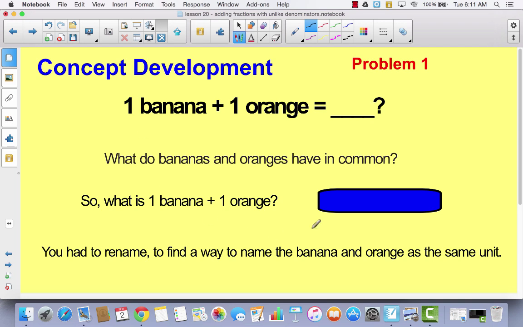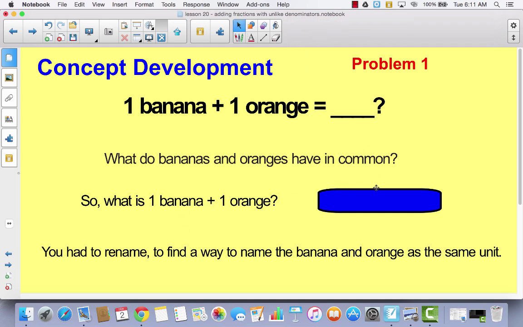All right, so let's think about this for a minute. Please don't copy all of this in your math journal. I'll tell you what I want you to write, but I want you to think about this for a minute. If you took a banana and you add it to an orange, what would you get? Well, it's kind of a crazy question, isn't it? Well, what do bananas and oranges have in common? They're both fruit. So what is one banana plus one orange?